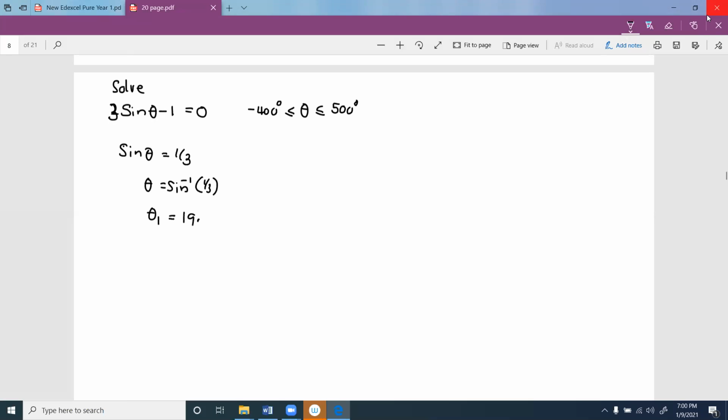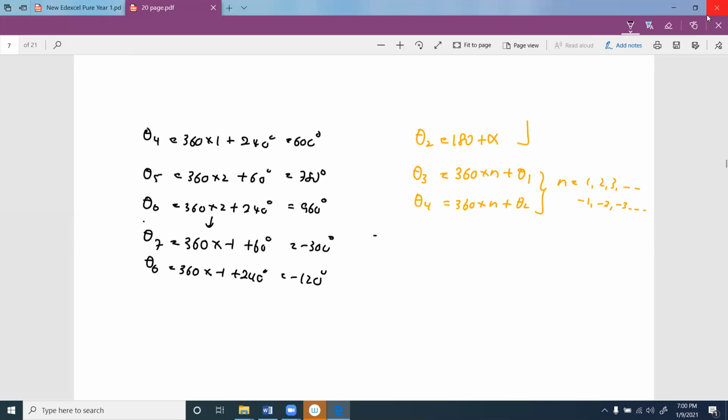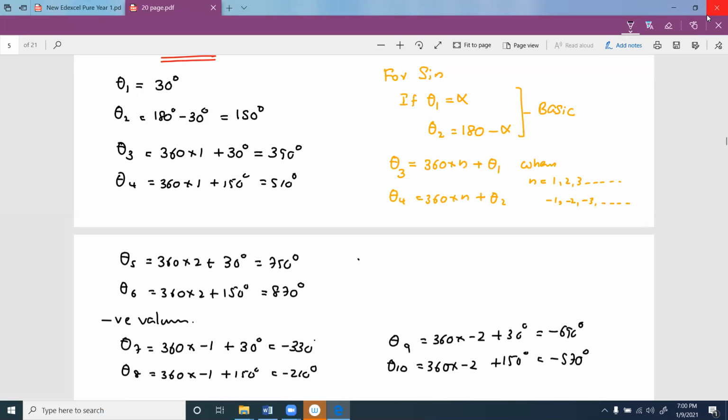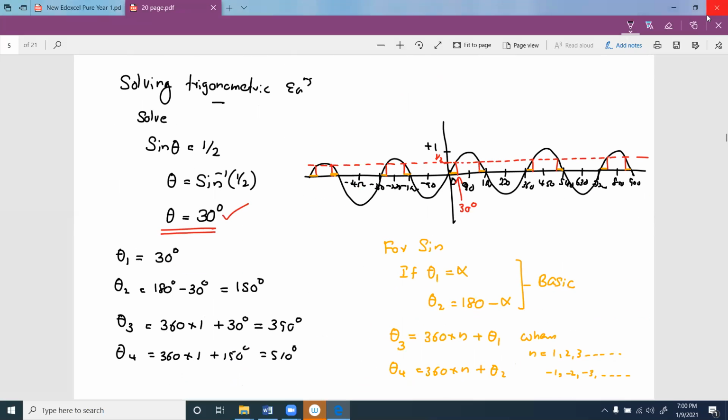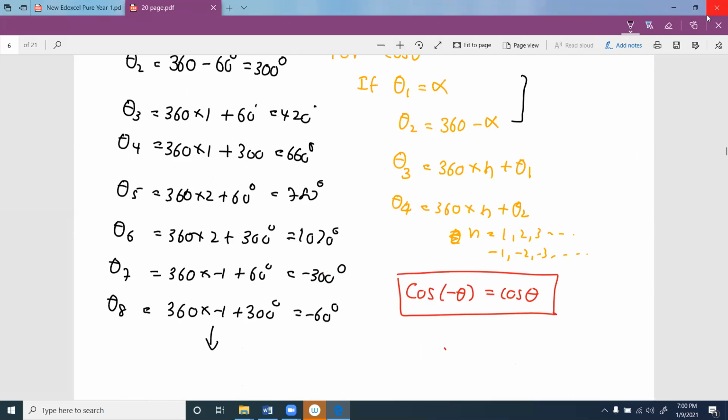Now I'm using the same relationship. This is the first angle. The second angle for sine, we know that if you move up to the sine solutions, the second angle you can obtain by 180 minus the first angle.